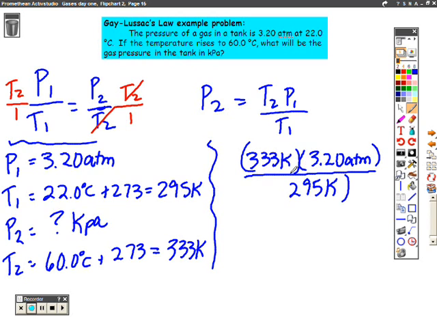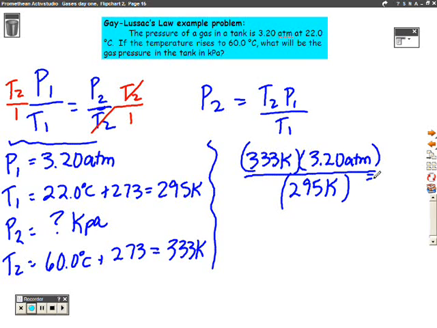So I have my new temperature times my original pressure divided by my original temperature. When I do that, I end up with 3.61 atm because my Kelvins canceled out.